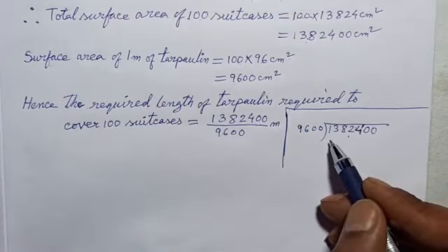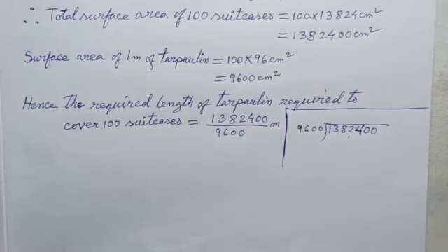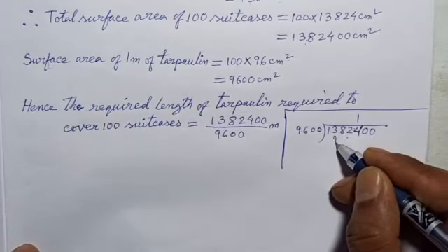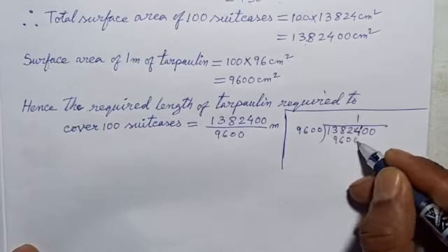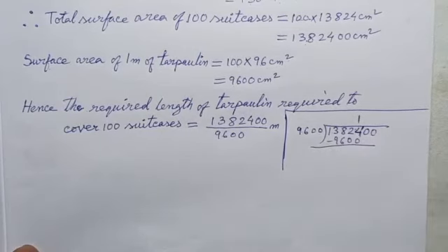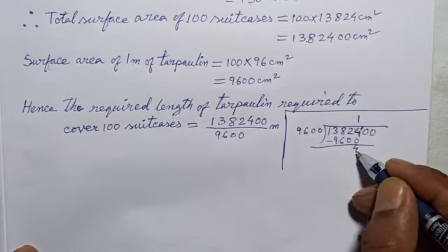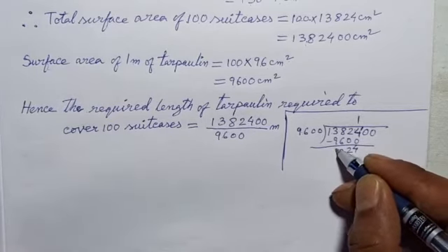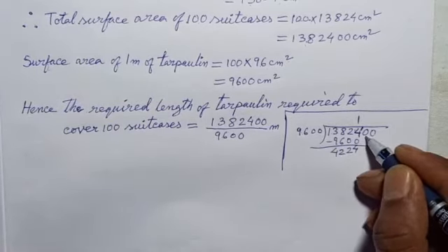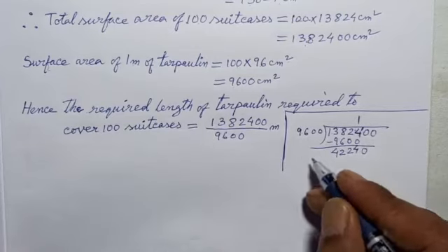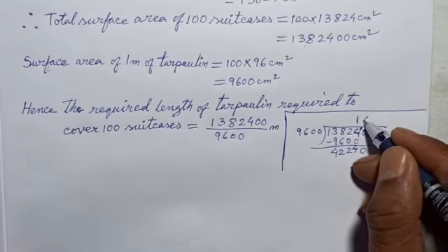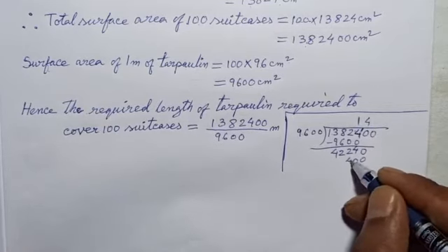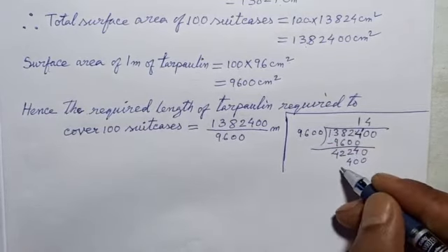So now how many times we can take? Let's see. We can take 1 time 9600. Now let us subtract. We get 4800, this 0 is kept down. If we want to divide this, we can take 4 times. 4 0s are 0, 4 0s are 0, 4 6s are 24, 4 9s are 36, 38.